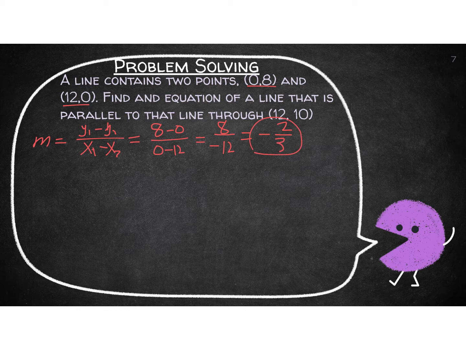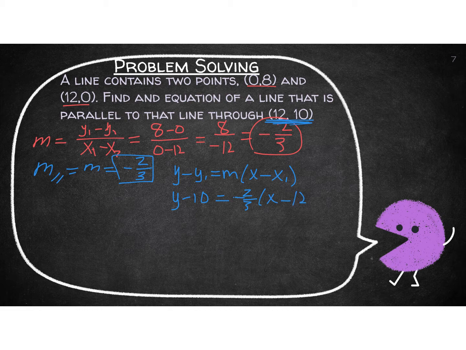And then we have to identify our parallel slope. Well, that's kind of easy because m parallel is going to be the same as our original m. So it's also going to be negative 2/3. And then I can go y minus y1 equals m, x minus x1, point slope form, put my numbers in: y minus the point that I want it to go through, 10, equals negative 2/3, x minus 12.